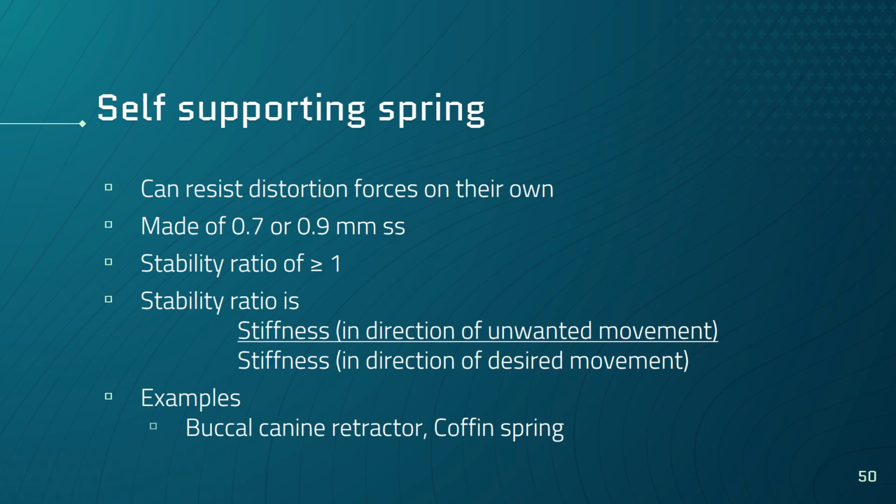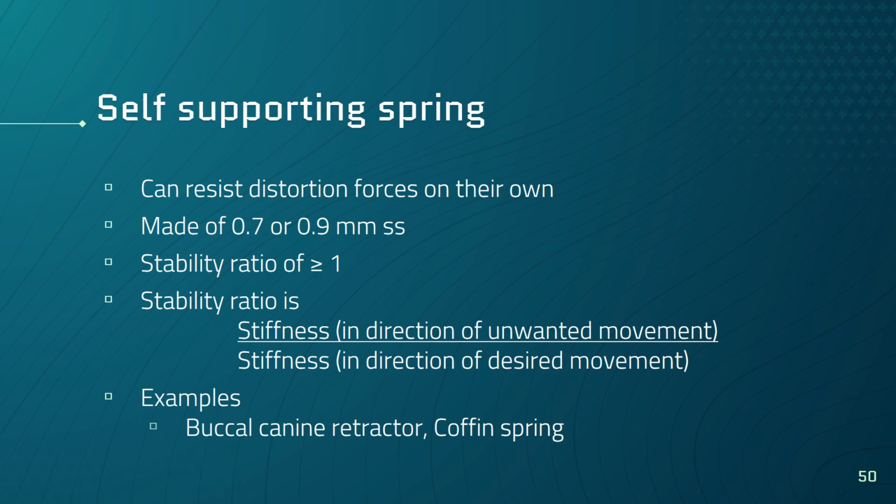Now, what are self-supporting springs? A self-supporting spring can resist distortion forces on its own. Usually, they are made from stiff wires, usually 0.7 or 0.9 millimeter stainless wires. The stability ratio should be more or equal than 1. What is stability ratio?